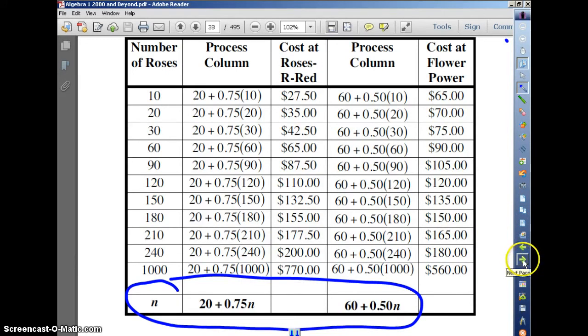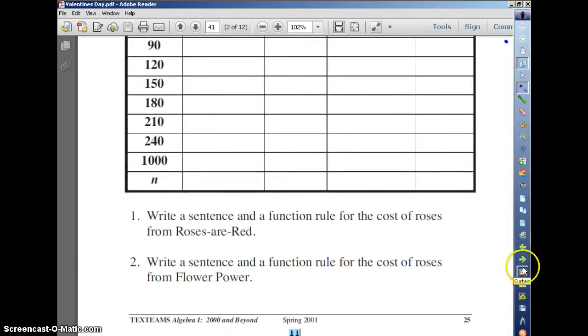Let's go to the bottom of this page. At the bottom of the page, there are 2 questions. It says write a sentence and a function rule for the cost of the roses from Roses Are Red. Okay?